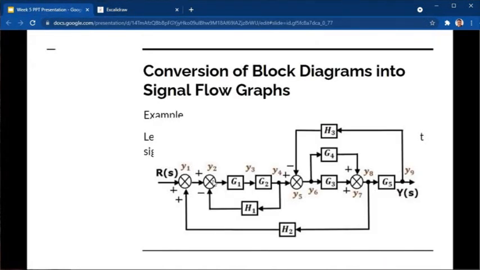Let's see it again. On y sub 2, we have a signal from y1 with no gain, so a gain of 1, and then y sub 4 with the gain of h sub 1.